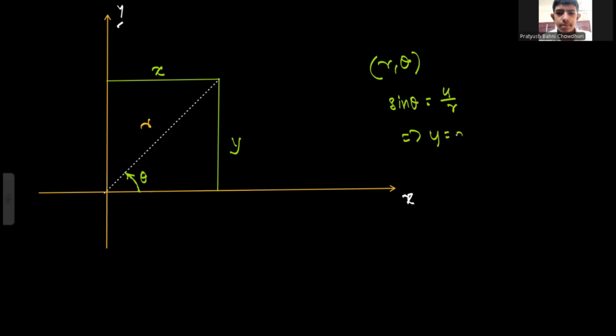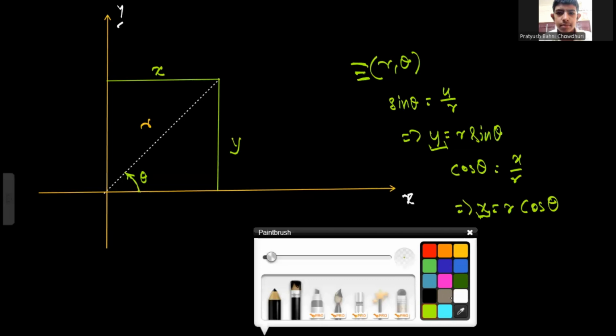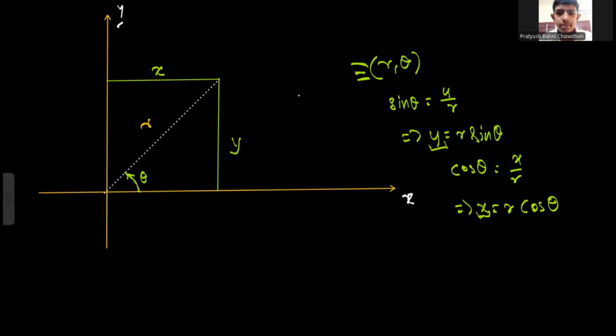Then y equals r sine theta. What is cos theta? Cos theta is x by r. Then x equals r cos theta. We got both the points. Therefore, in the Cartesian form, we write it as r cos theta comma r sine theta. So this is our conversion.